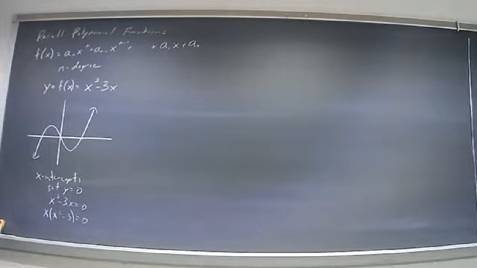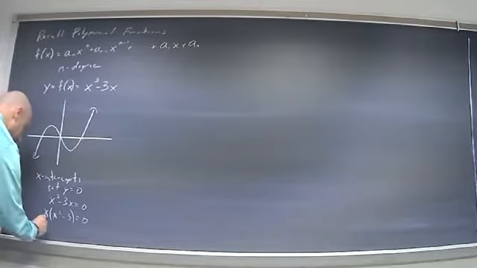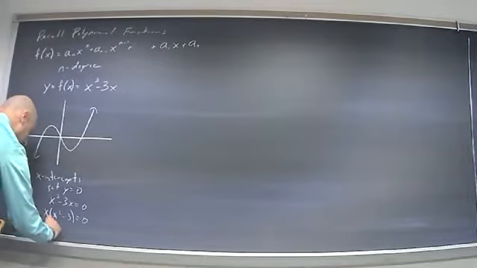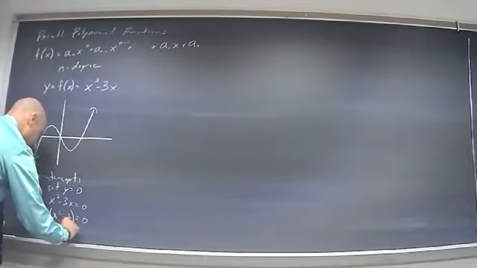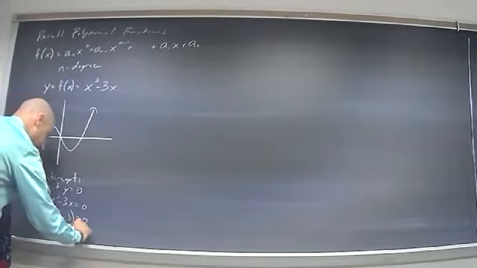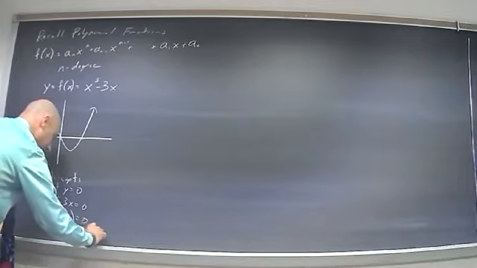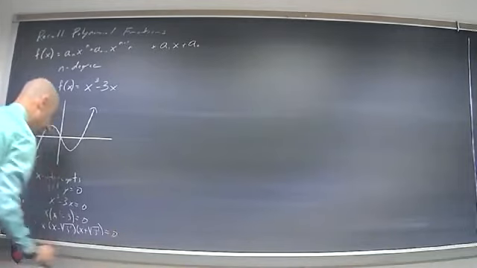I guess that sort of factors. The x squared minus 3 is a difference of squares, as long as you think of 3 as the square of root 3. So I could factor this as x times (x minus root 3) times (x plus root 3) equals 0.